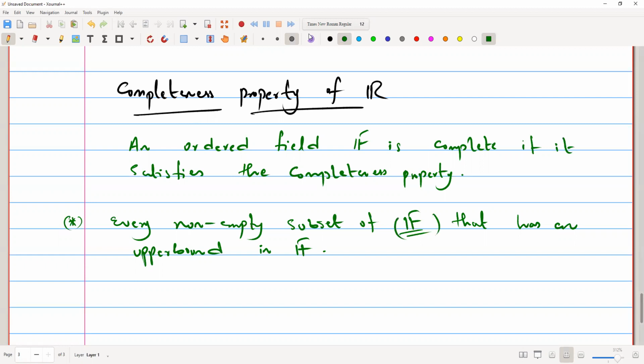And we will also see some examples of complete and non-complete structures, and it will be simpler and more understandable for you. So, upper bound in F.